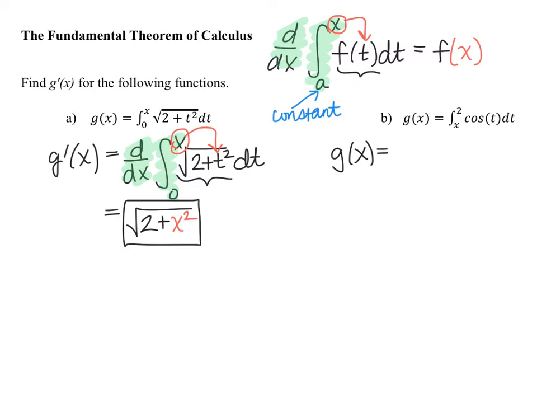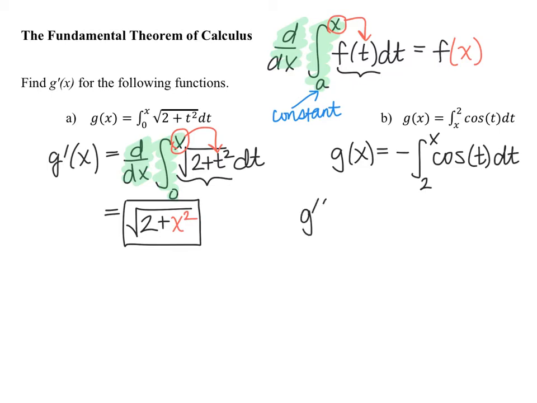And we know our properties of integrals. One of those properties says that when we interchange the limits of integration, that means we're multiplying by a negative. So this is going to be the negative integral from 2 to x of cosine of t dt. So I've interchanged my limits of integration so that now my lower limit of integration is a constant.